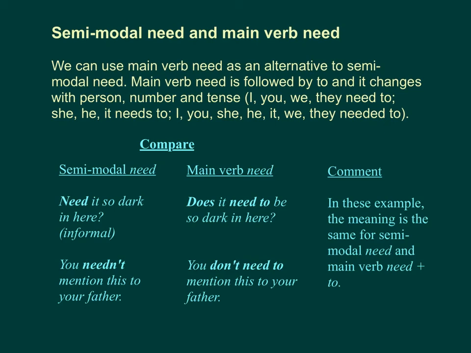She, he, it needs to. I, you, she, he, it, we, they needed to. Comment. In these examples, the meaning is the same for semi-modal need and the main verb need plus to.